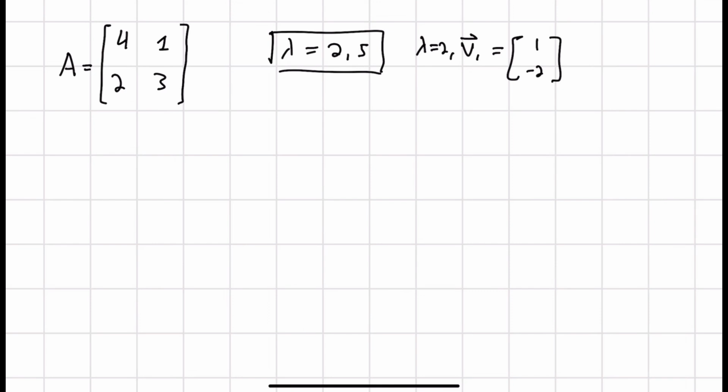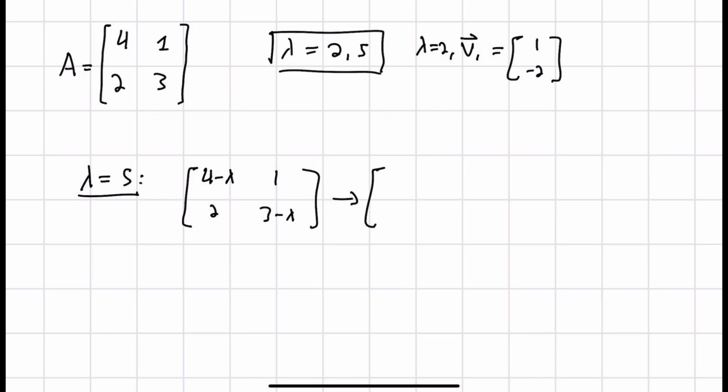For our next eigenvalue, we have lambda equals 5. Let's find our eigenvector for this. So same procedure. So the matrix 4 minus lambda, 1, 2, and 3 minus lambda. Now let's substitute lambda equal to 5.